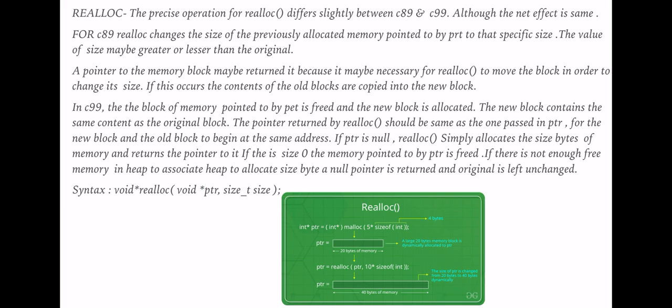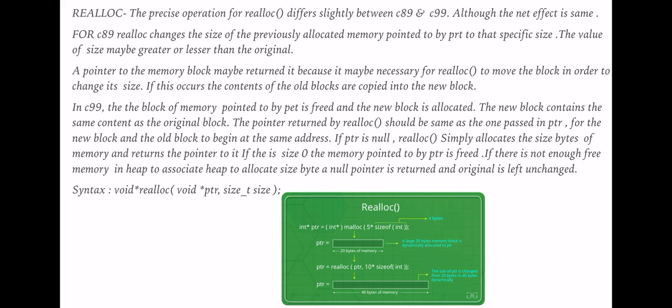In the C99 version, if the old block and new block should begin at the same address, the pointer passed in the realloc function should be the same as used in the variable ptr. And if it's null, it simply allocates the specified size in bytes of memory and returns the pointer. And if the size is 0, the memory pointed to by the ptr is freed.